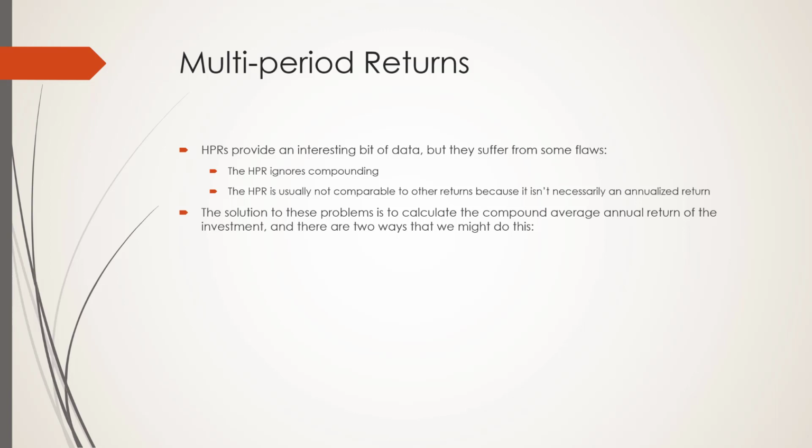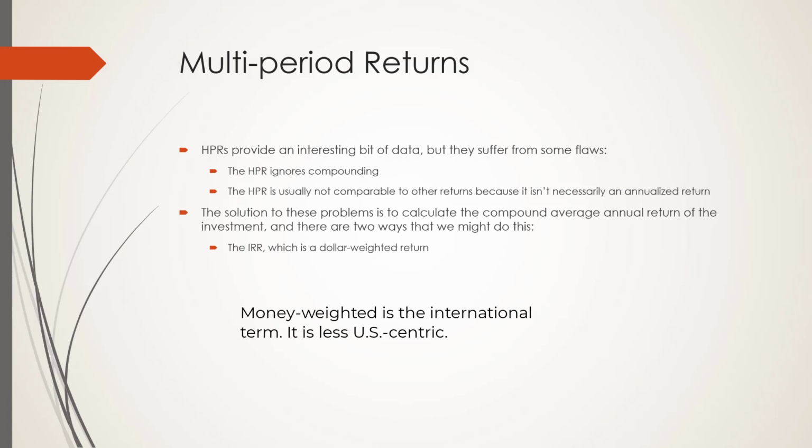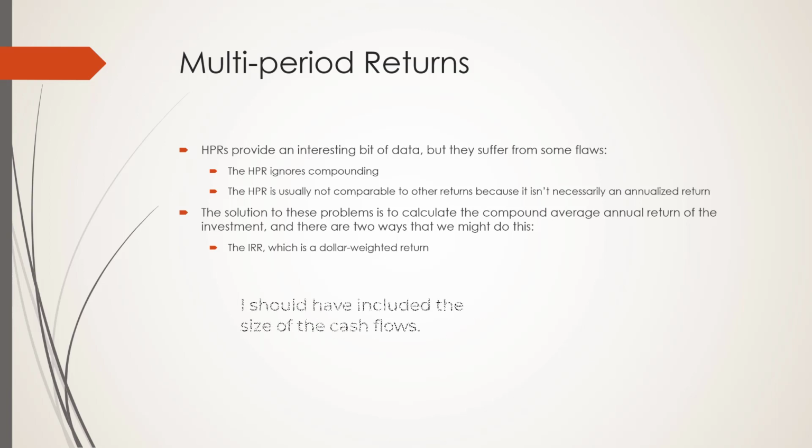And there's two ways basically that we do this. The first you should be familiar with, which is the IRR. Often this is referred to as a dollar-weighted or a money-weighted return. So it's money-weighted because when the cash flows happen affects the final result. So if you get a bunch of cash flows early and then you do well, you get a high IRR.